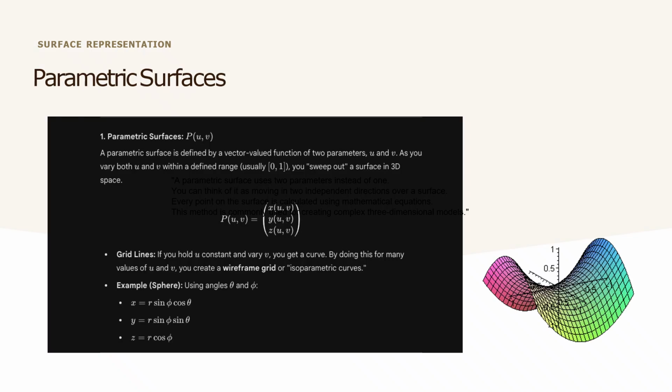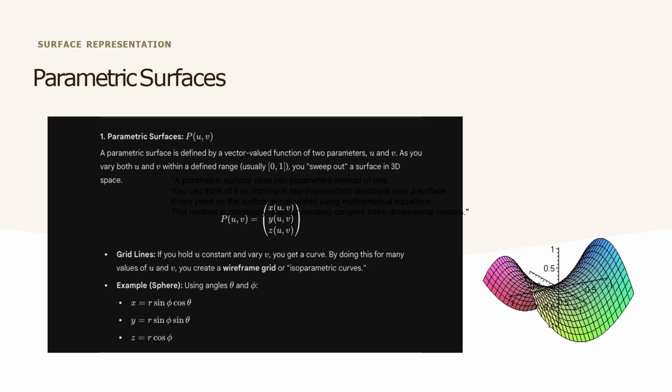A parametric surface uses two parameters instead of one. You can think of it as moving in two independent directions over a surface. Every point on the surface is calculated using a mathematical equation, and this method is commonly used for creating complex three-dimensional models.